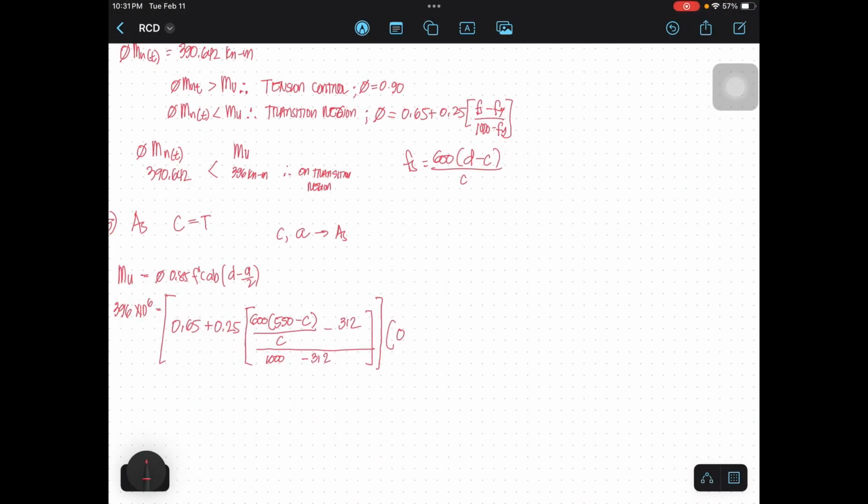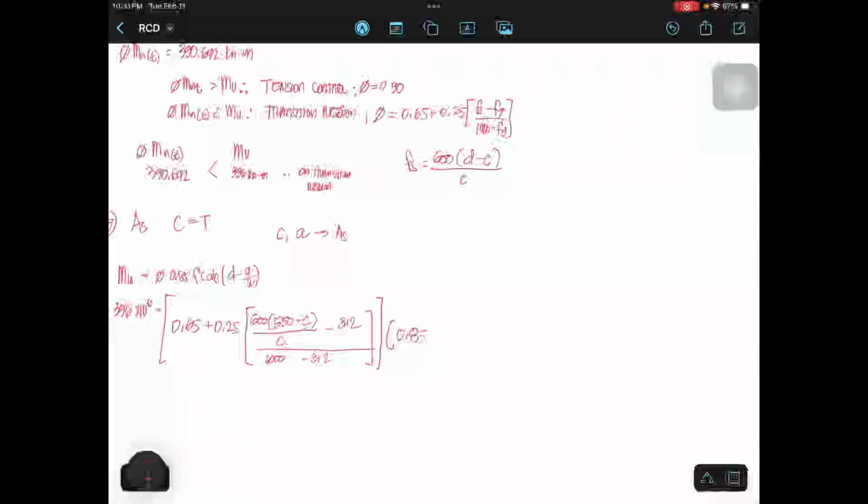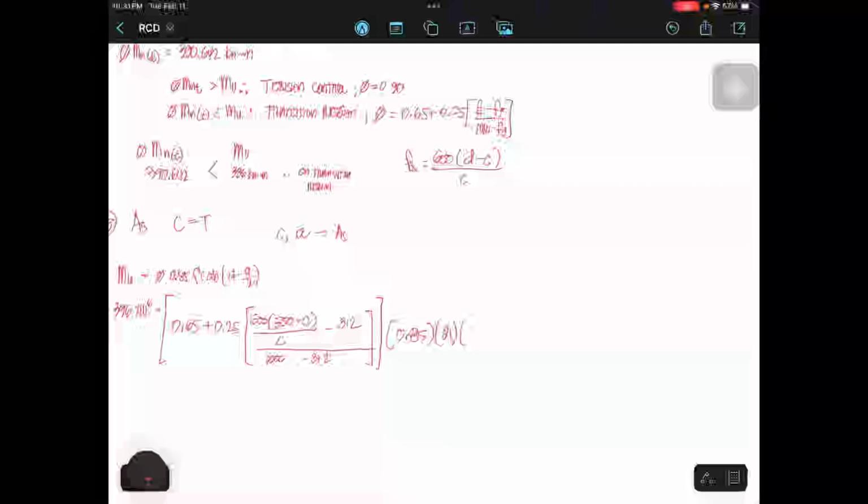Next, multiply this 0.85 times f prime c of 21 quantity, the depth of the compression block. Since we already have the variable c, we might as well express the depth of the compression block in terms of its neutral axis distance.